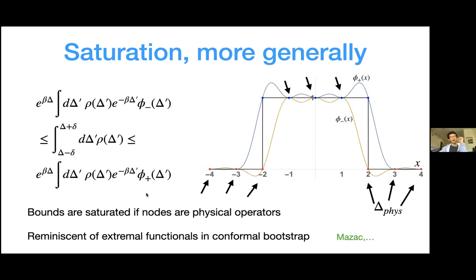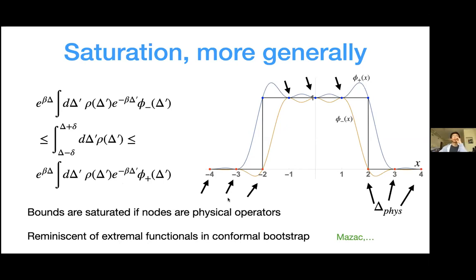Because in that case, since you multiply by the density of states, this integral will not count the states outside, because phi is precisely 0 at the operators, and it will count just the operators inside. And if you also take delta large, beta small, this exponent will cancel this exponent, and so you precisely count these states.